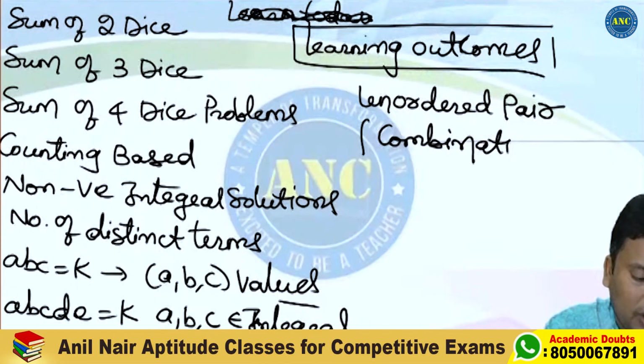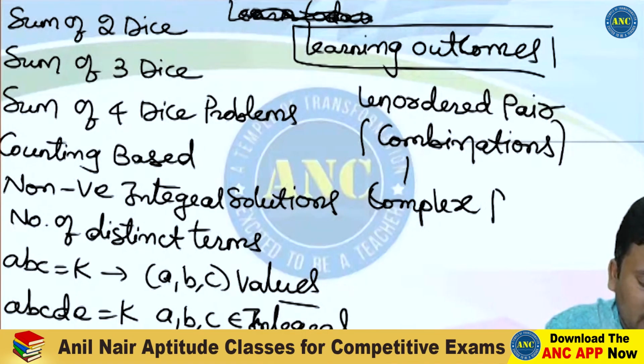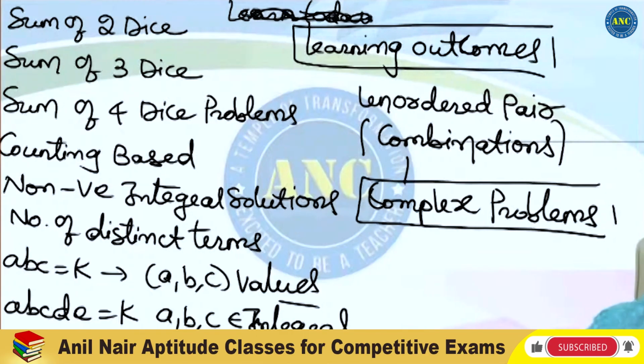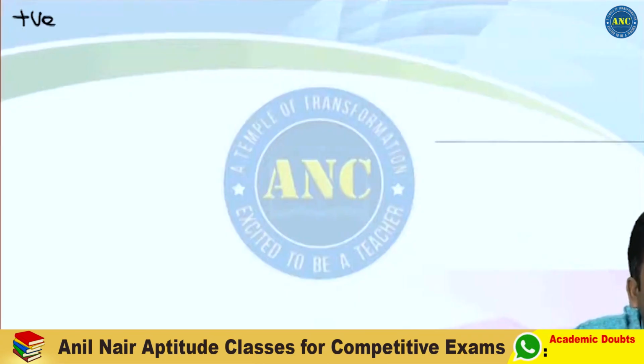That too we are focusing more on complex problems, not mere easy ones. Instead of doing how many 3-digit numbers or 4-digit numbers there are, we will solve some complex problems. Please write down the side heading: Positive integral solutions.